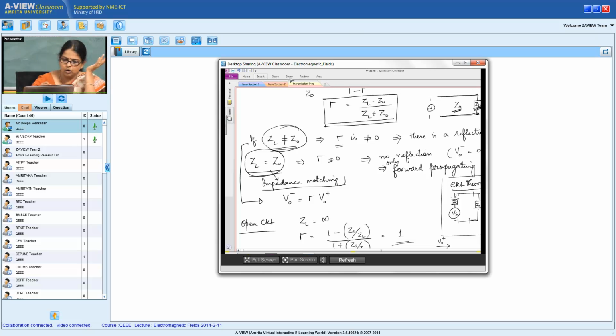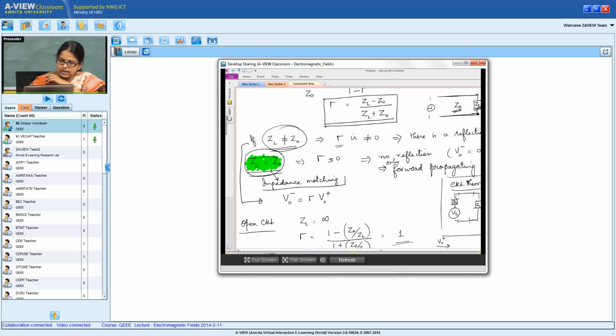This is the golden rule now for impedance matching in a transmission line. And we noticed that this is different from what we learned from circuit theory for the maximum power transfer theorem. Look at the comparison there.